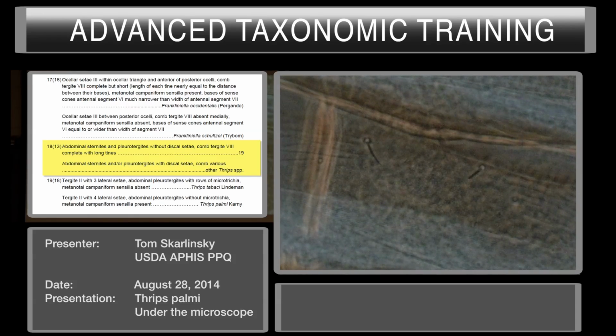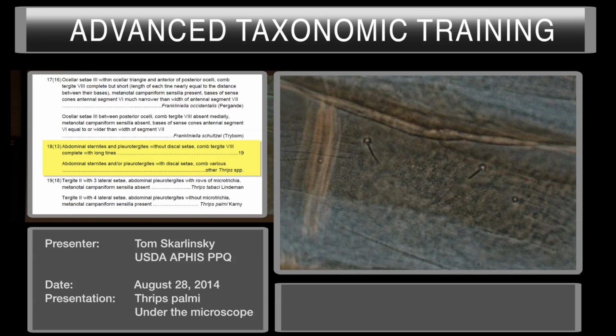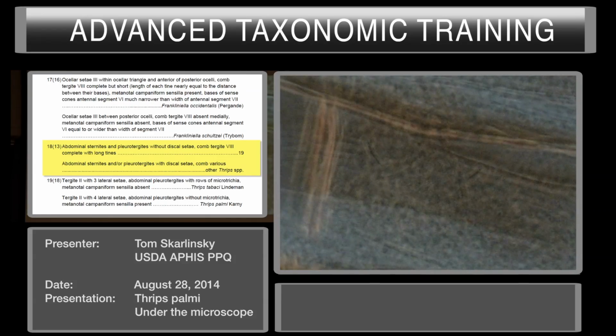Okay, here's the opposing couplet, with the accessory setae on the sternites and also on the pleural tergites. So here we have the tergite.